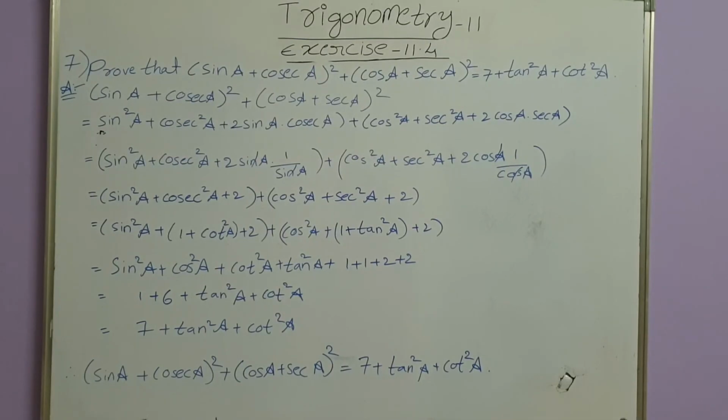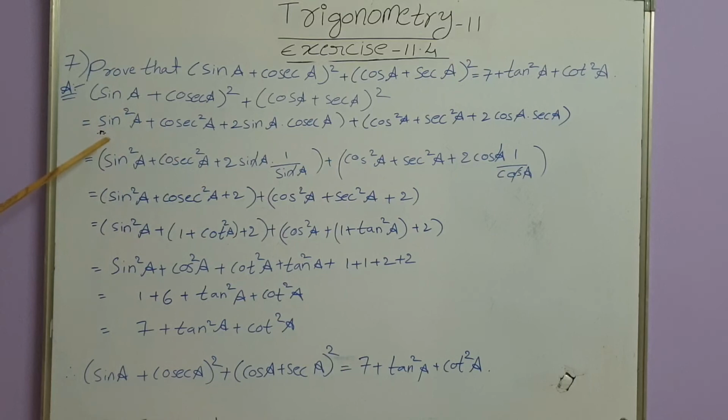In this seventh question, prove that (sin A plus cosec A) whole square plus (cos A plus sec A) whole square is equal to 7 plus tan square A plus cot square A. Solution: (sin A plus cosec A) whole square plus (cos A plus sec A) whole square.